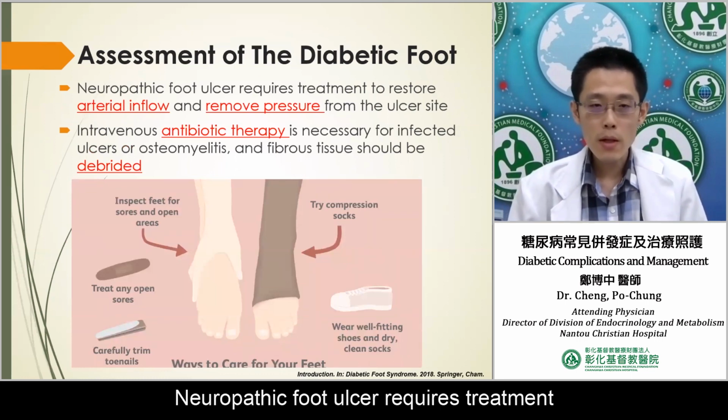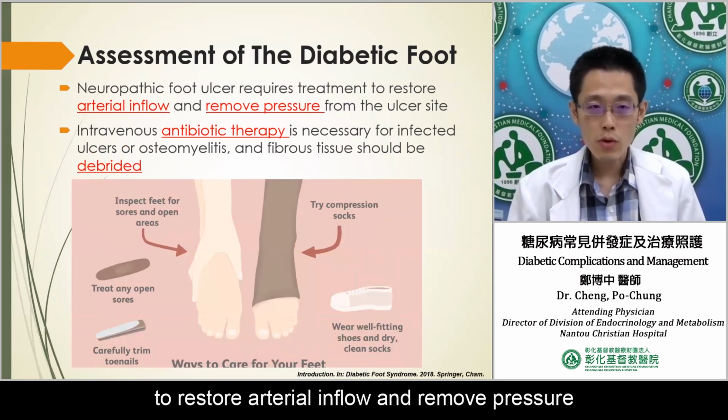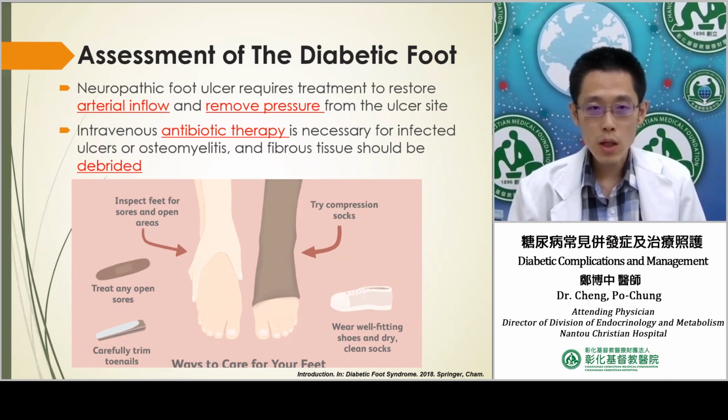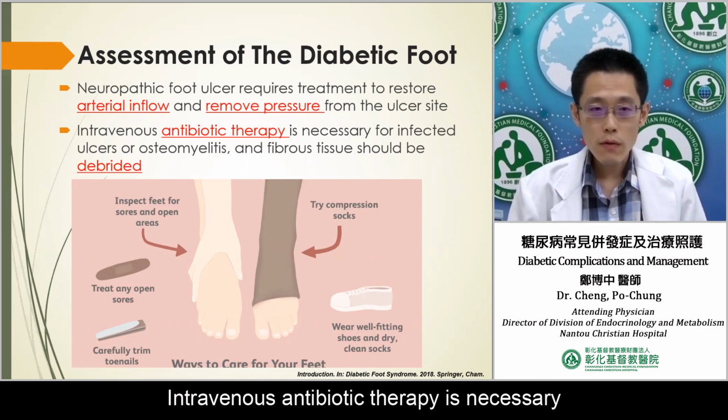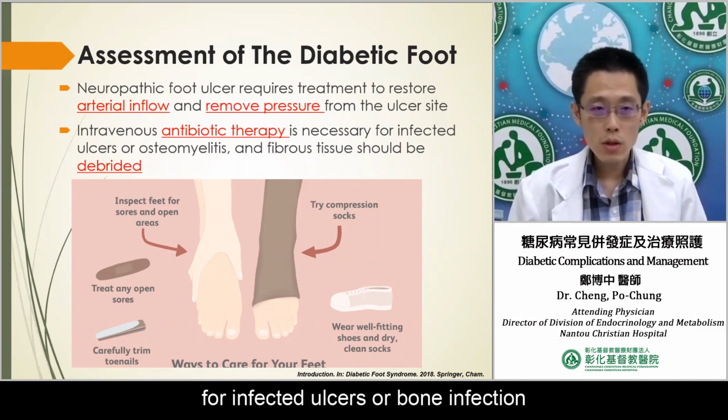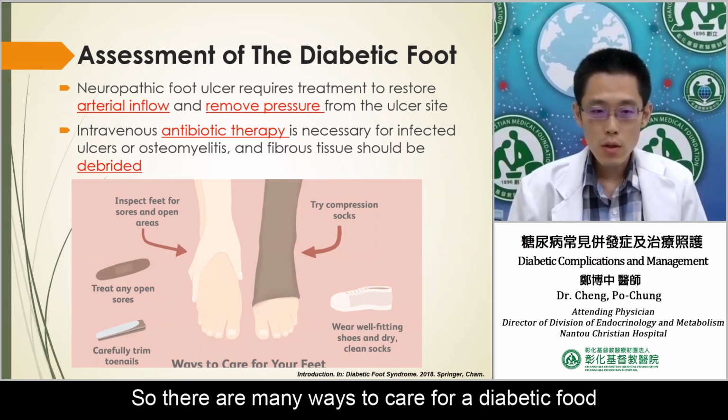The neuropathic foot ulcer requires treatment to restore arterial inflow and to remove pressure from the ulcer site. Intravenous antibiotic therapy is necessary for infected ulcers or bone infection, and fibrous tissue should be debrided to prevent further infection. There are many ways to care for a diabetic foot.